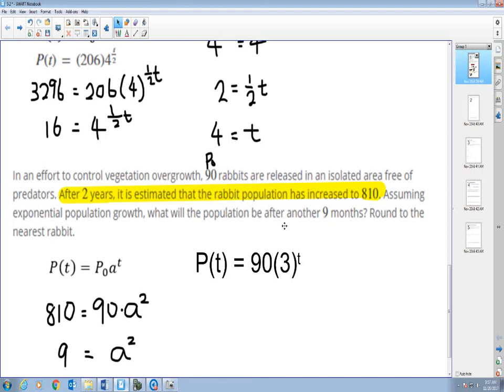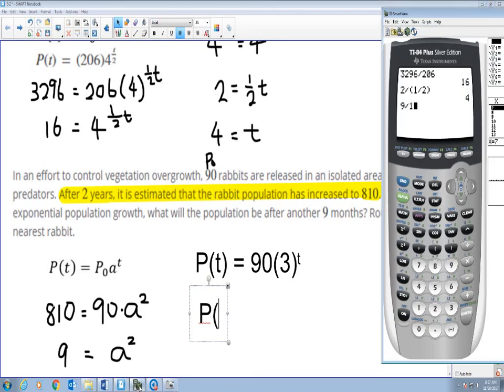What would the population be after another 9 months? Another 9 months after 2 years. So that was 2 years and 9 months. 9 months out of the year, 9 out of 12, is 3/4 of the year.